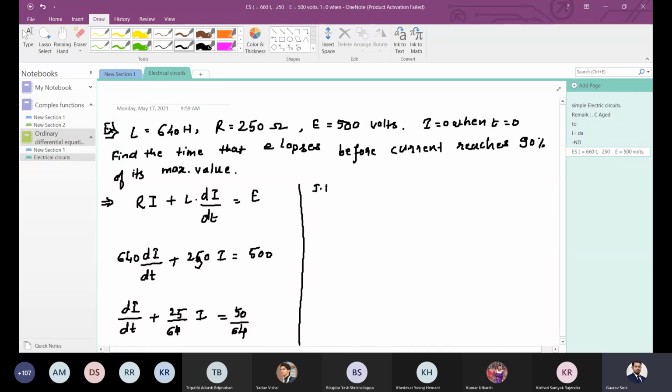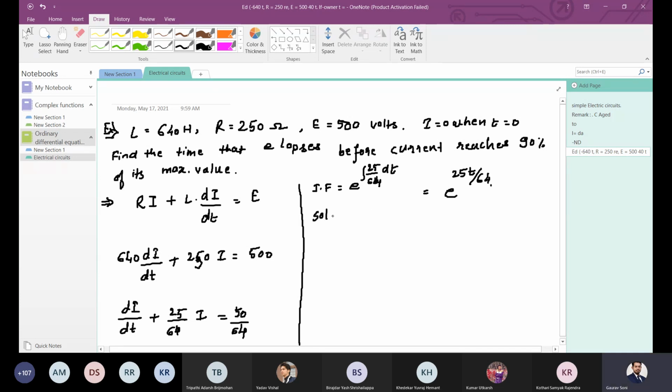First of all, find the integrating factor, which is equal to e to the power integration 25 by 64 dt. So what do we get? E to the power 25 t upon 64. This is your integrating factor.